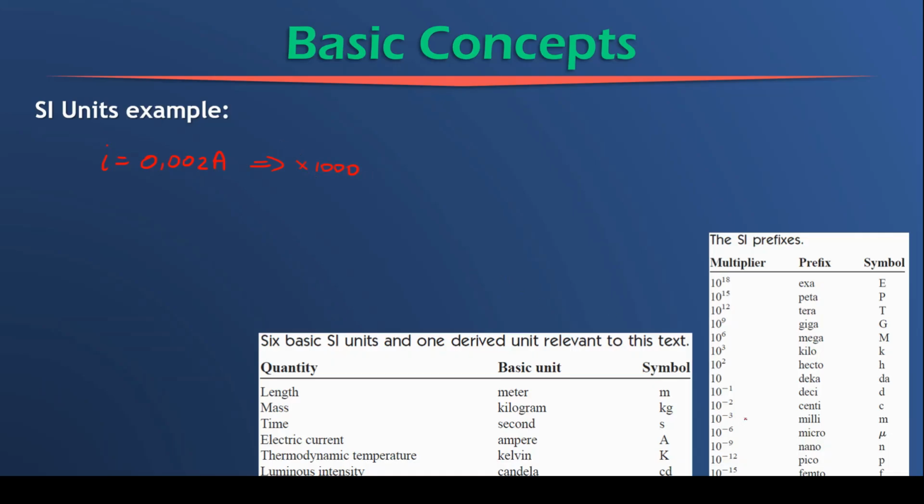So we want to get it to this particular prefix. If we multiply that by 1,000, we should get that the current is equal to 2 milliamps. So this will be 2 times 10 to the negative 3 amps. This is an example of an SI unit.